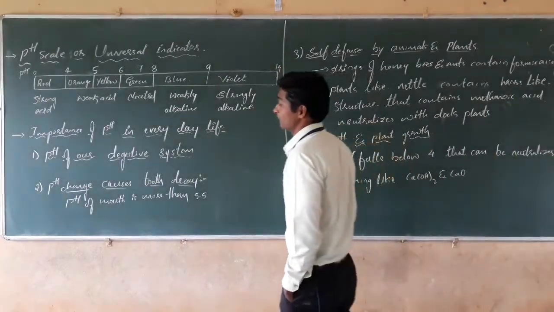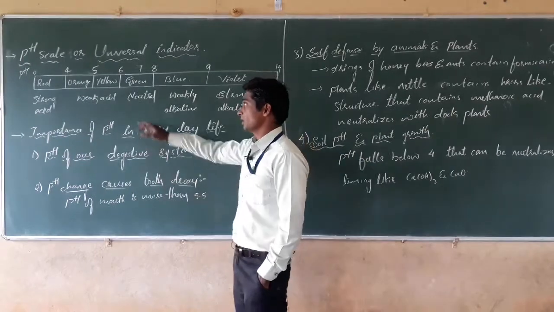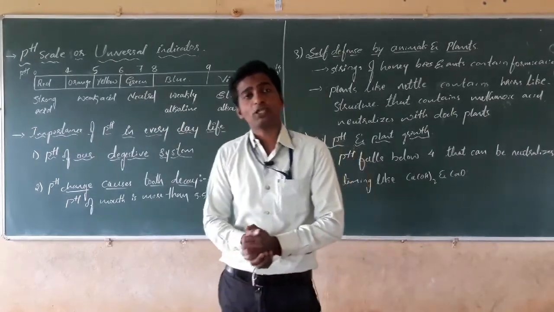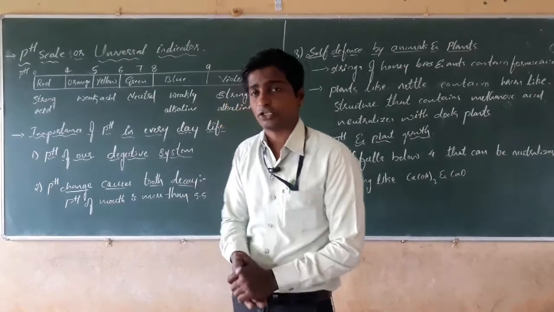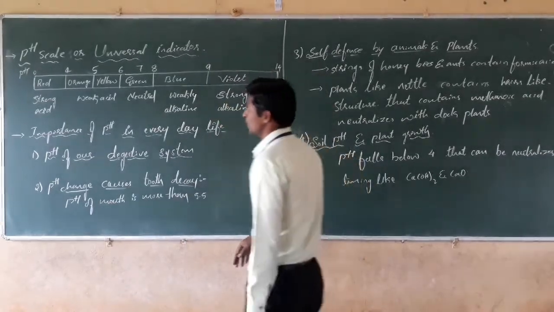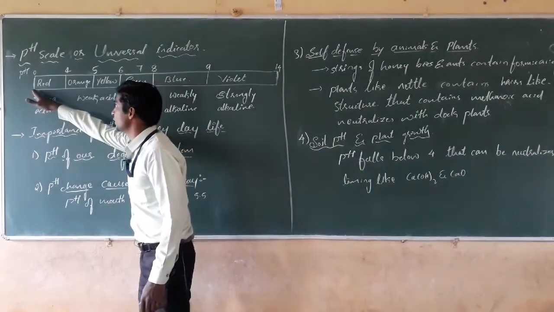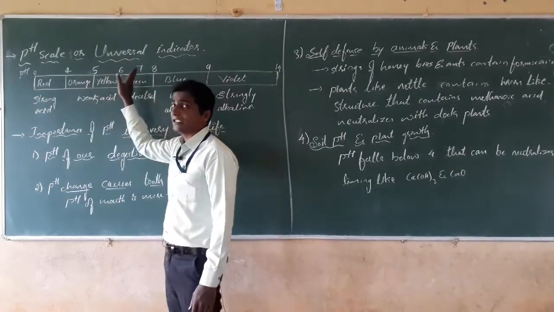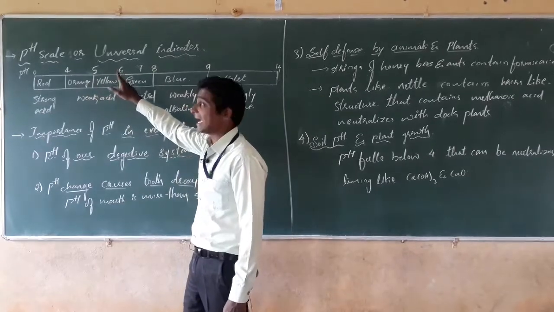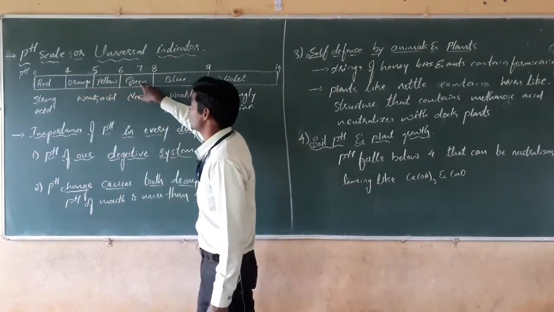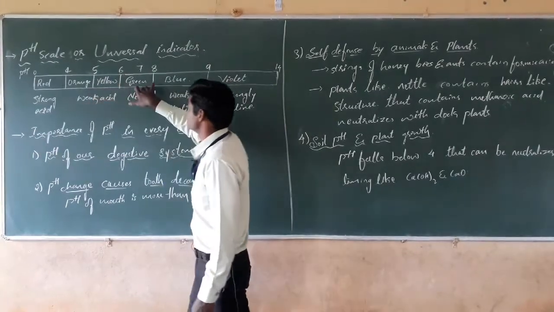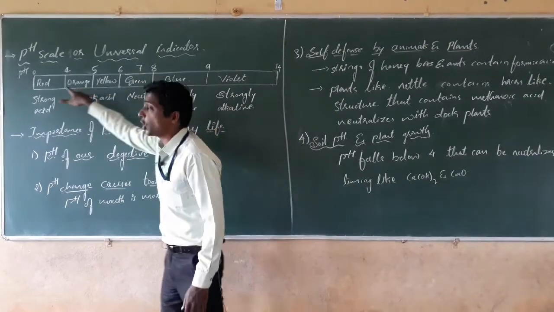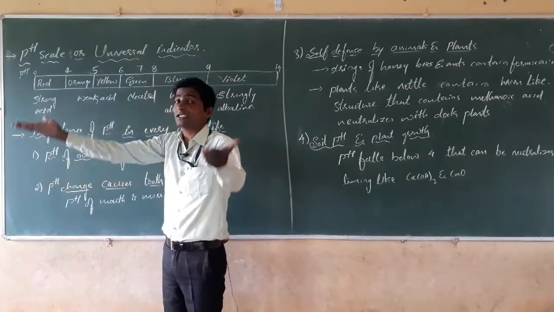See, dear students, the pH that we have studied is the negative logarithm to the base 10 of the hydrogen ion concentration. When we go from 0 to 7, the acidic nature decreases. When we go from 7 to 0, the acidic nature increases.